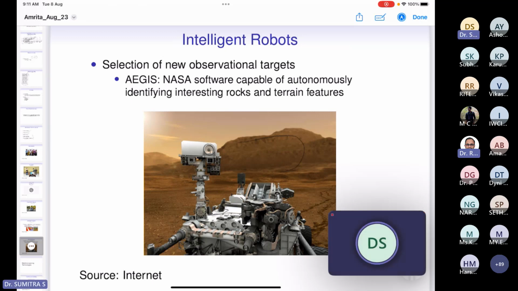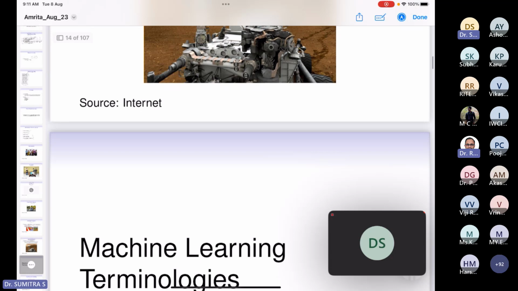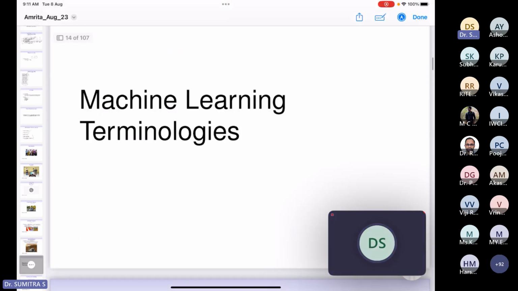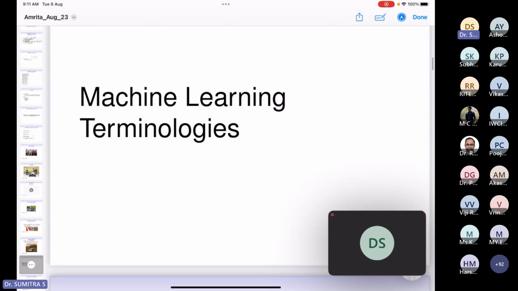So this slide is visible, right? Intelligent robots. Now that is a brief introduction about machine learning: it is all about extracting information from the data, and we have seen some applications.